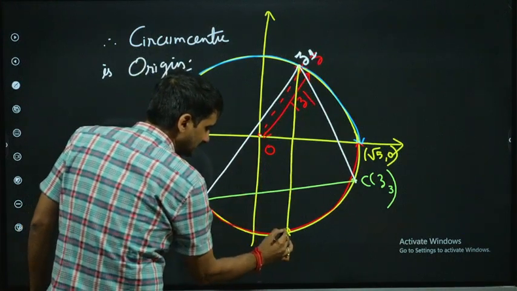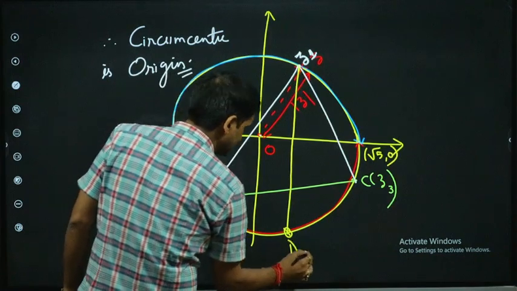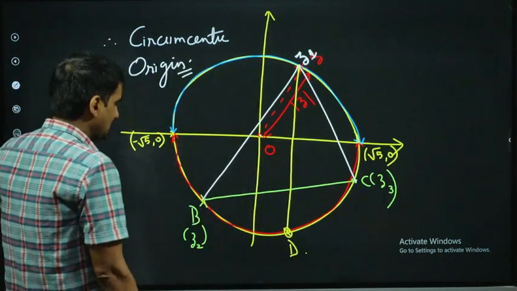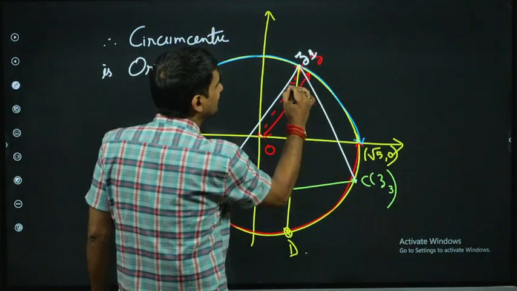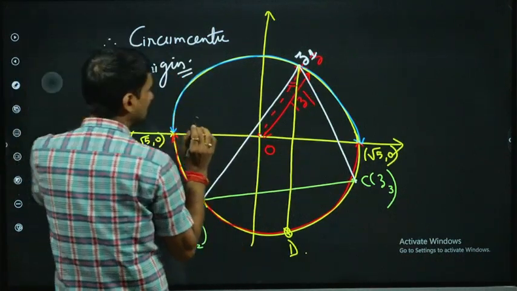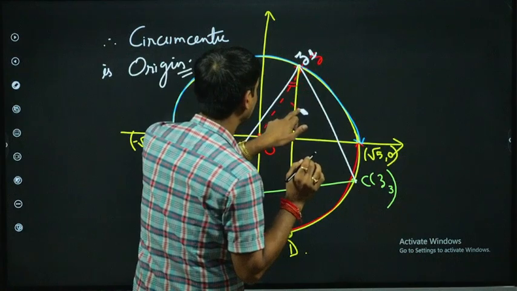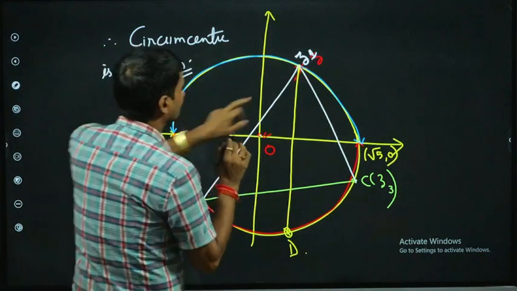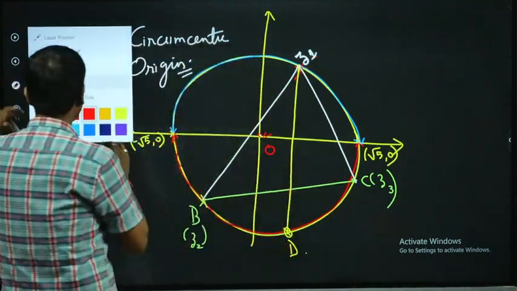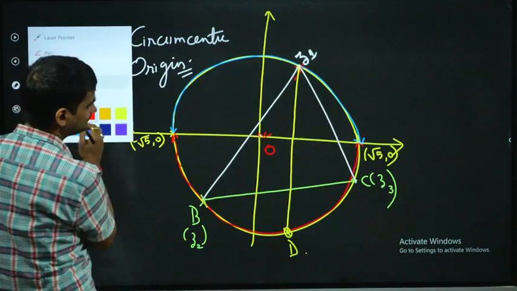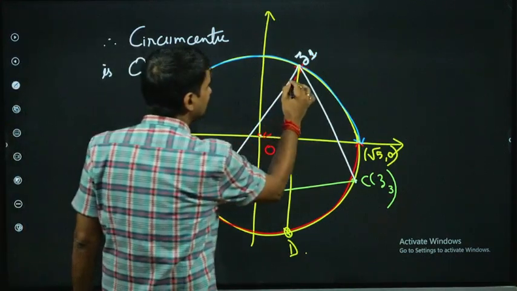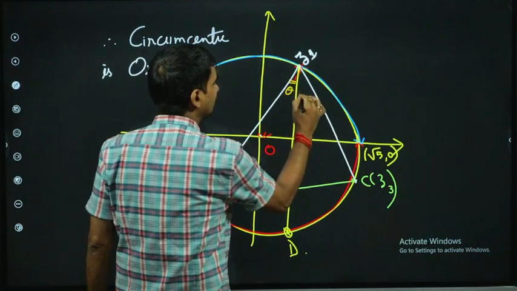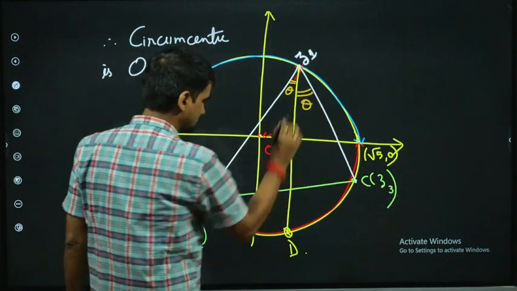Let's say it intersects this circle here, which I am calling D. Let me erase this red part, that's creating trouble here. Right. So let's say this angle is theta. Since it's an angle bisector, this has to be theta too.